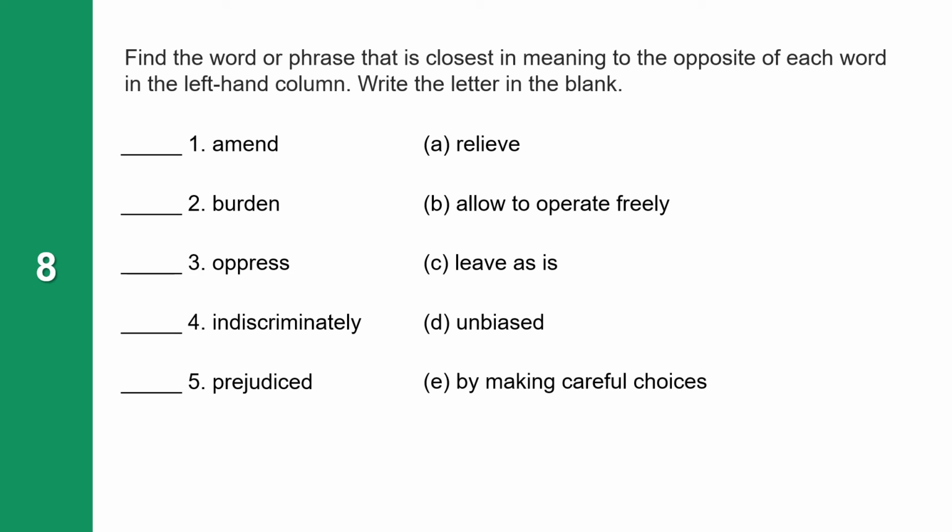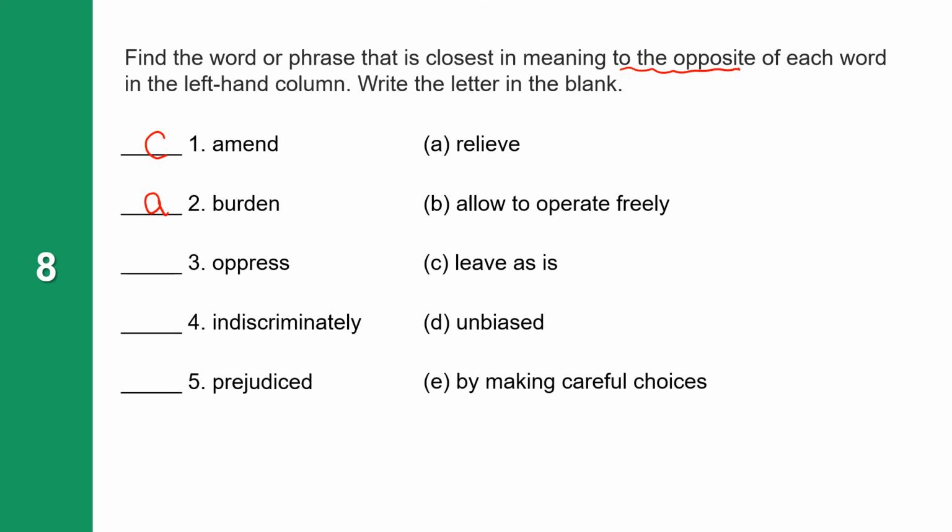Now find a word or phrase that is closest in meaning to the opposite of each word in the left-hand column. Amend. The opposite will be C. Leave as is. Burden. The opposite will be relieve.